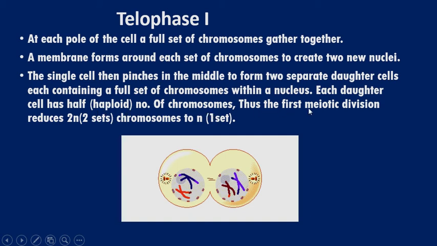Thus, the first meiotic division reduces the 2n set of chromosomes to the n set. So one set in this cell and the other set is in here. So after telophase they have a haploid number of chromosomes, and after this in meiosis 2 they become 2n.